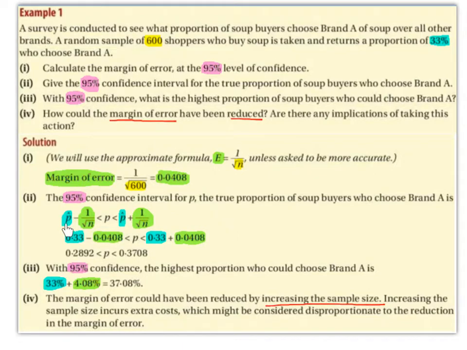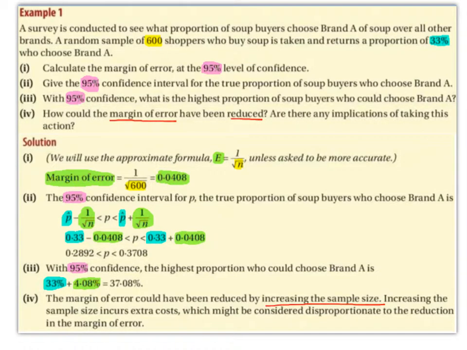So P hat is 0.33, that was given in the question. That was the sample proportion. 1 over root n we worked out to be 0.0408, and subtracting we get 0.2892. And then adding we get 0.3708. So P, which is the true population proportion, lies between 0.2892 and 0.3708.